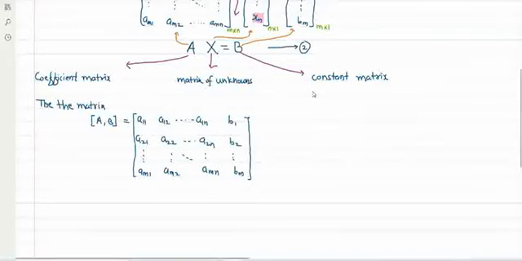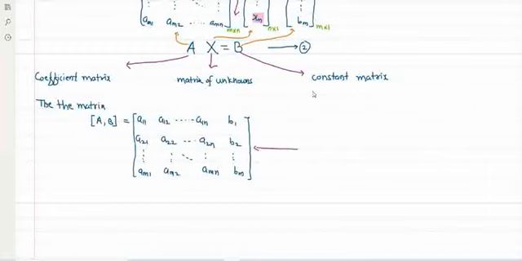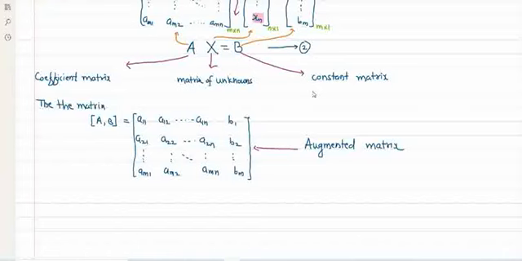This matrix is called the augmented matrix. It is obtained from the coefficient matrix by attaching one more column, and that column is the constant matrix.